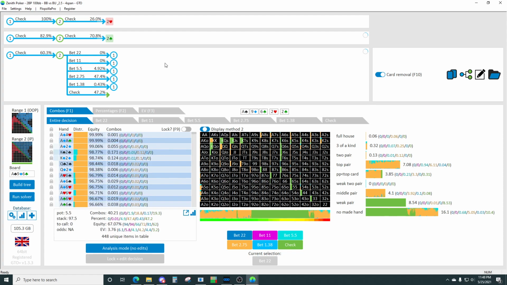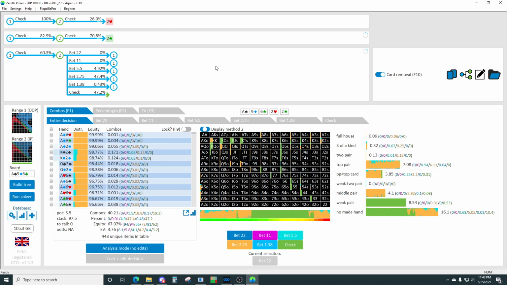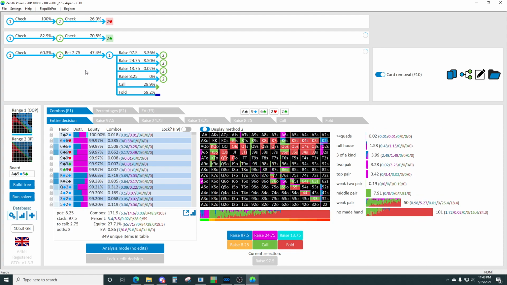The air doesn't really need to bluff, and if you get bet into, yeah, you can raise top pair now.